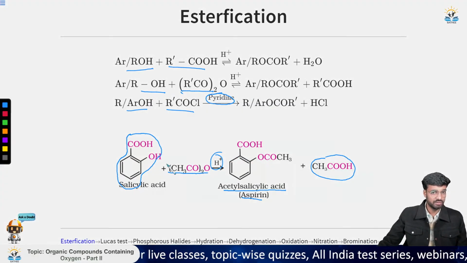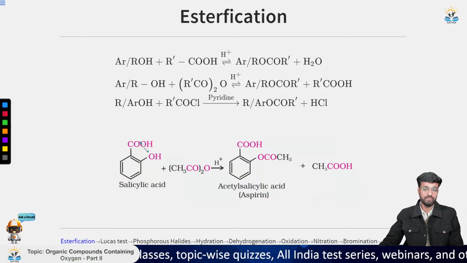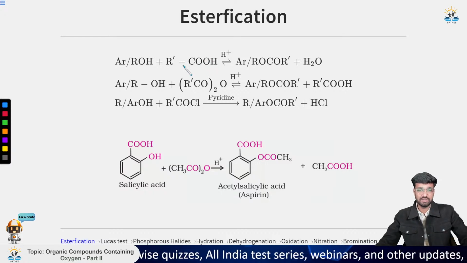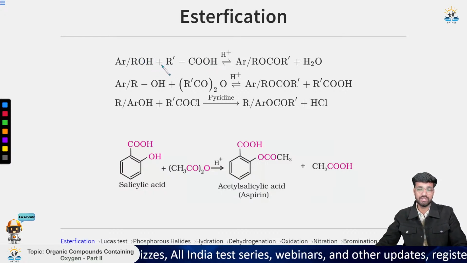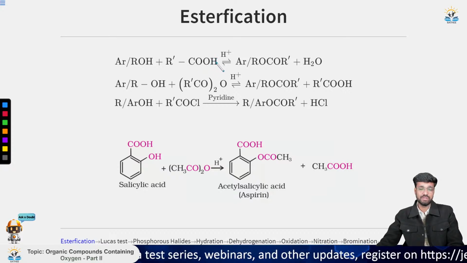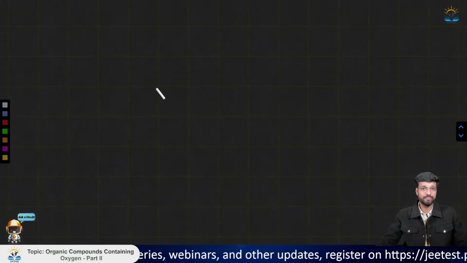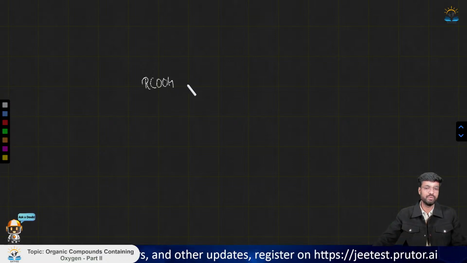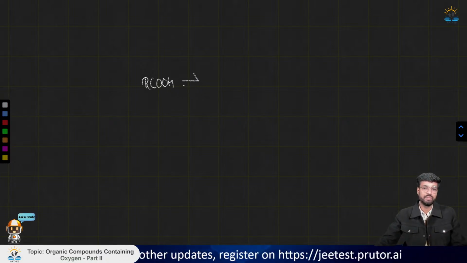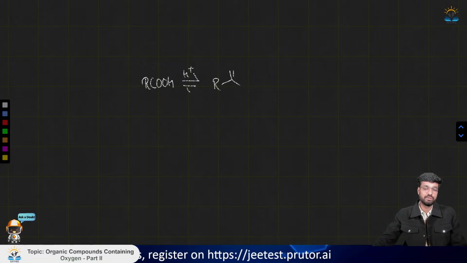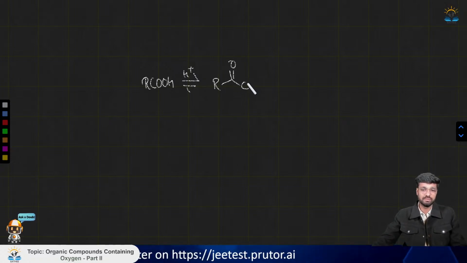If you want, we can look at the mechanism of this reaction also. Initially, the RO attacks the carbonyl group. Let me draw it for you. We have a carboxylic acid here, and we take a strong acid that is much stronger than the carboxylic acid.